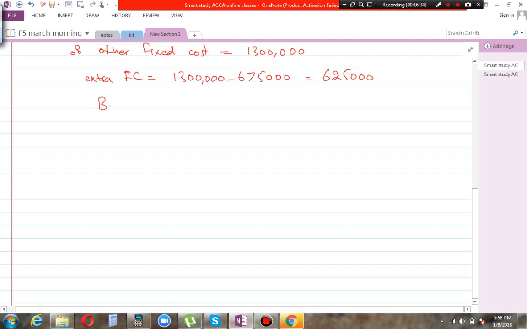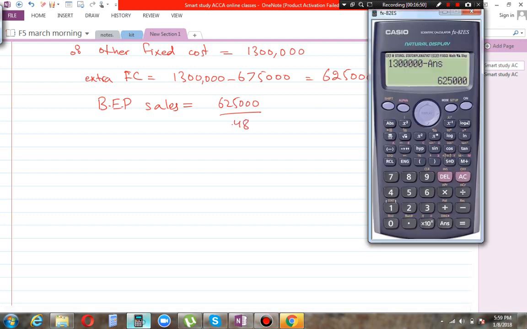So break-even point in revenue terms should be contribution, which is the fixed cost, 625,000, divided by the CS ratio, which is 0.48. 625,000 divided by 0.48 should be 1,302,083.